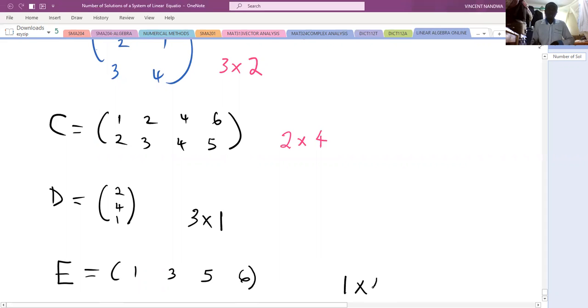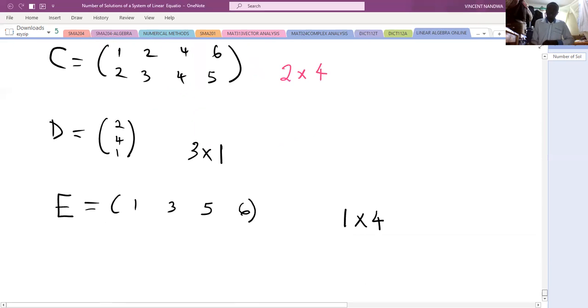So 1 by 4 matrix. So a 1 by 4 matrix can also be called just a row vector. A matrix which has just one row is also sometimes called a row vector. And a matrix which just has one column is sometimes called a column vector.